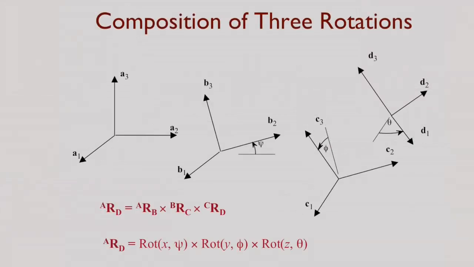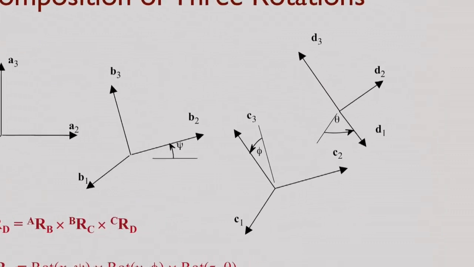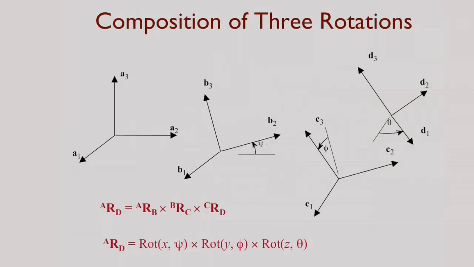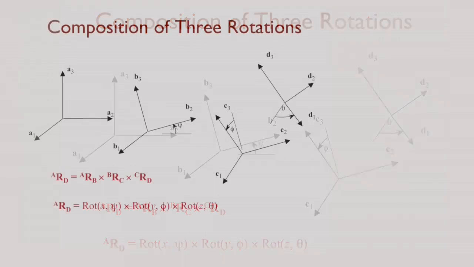And then finally the third rotation, which is about the vector C3, and that's through the angle theta. So by simply multiplying rotations about the x-axis through psi, the y-axis through phi, and the z-axis through theta, you end up getting the net rotation, which is from frame A to frame D.